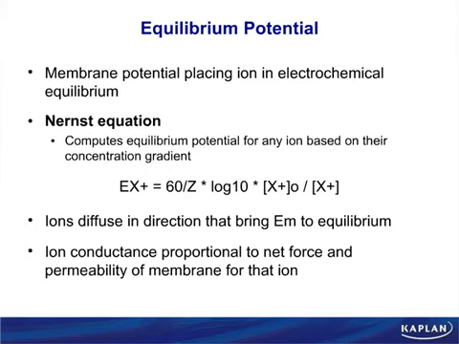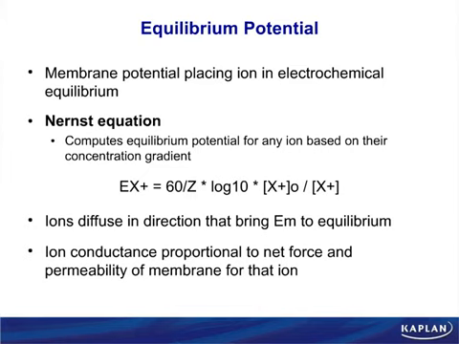Now, if the cell can conduct potassium, it's going to move the membrane potential toward the equilibrium potential for potassium. Big point. It's always going to diffuse in a direction that moves membrane potential toward its equilibrium.